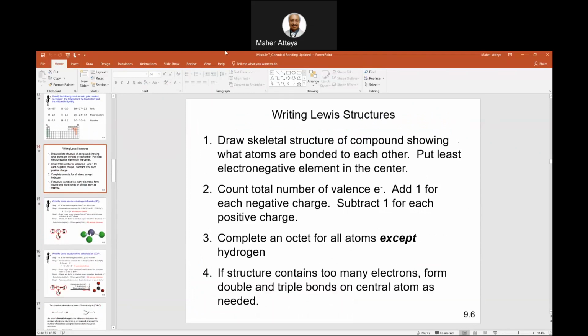Writing Lewis structures. Lewis, as you will see, contributed a lot in chemistry. Lewis worked on acids and bases, and worked mostly on valence electrons and writing the structure of a compound, called the Lewis dot structure. A valence electron is recognized as a dot in a Lewis structure.